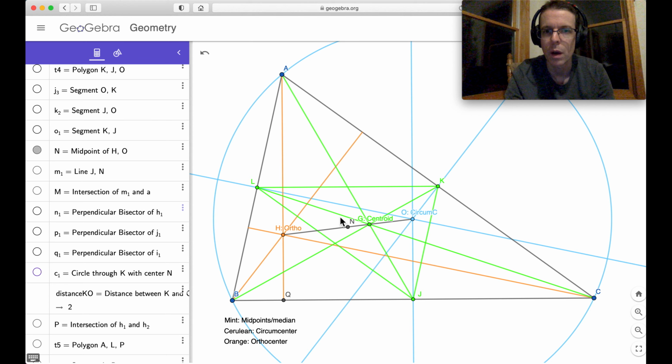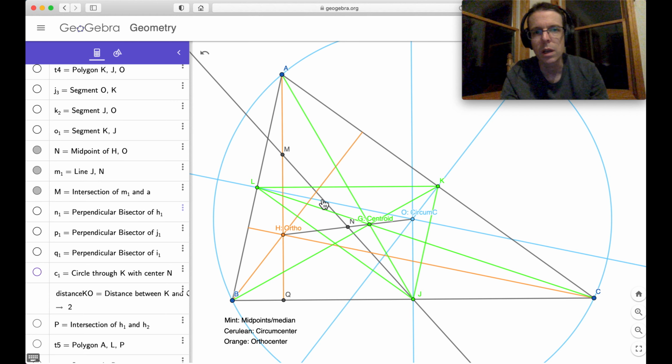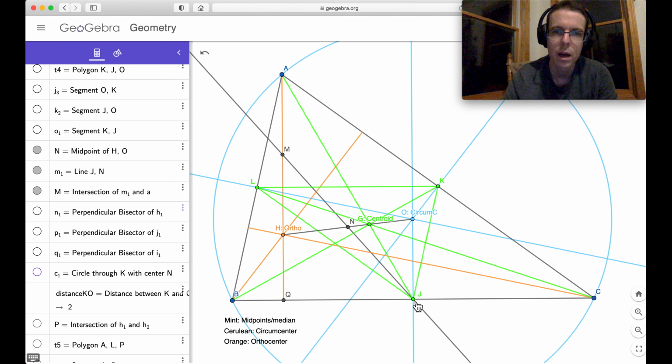And I'm going to construct that line, and then continue it until I hit this line AH. Wherever this line JN extended hits AH, I'm going to label that point M.